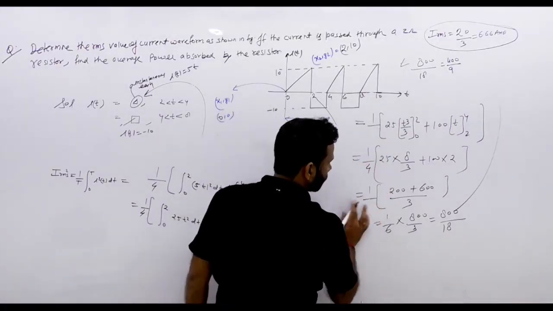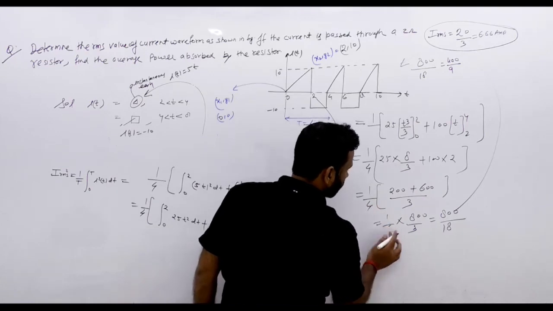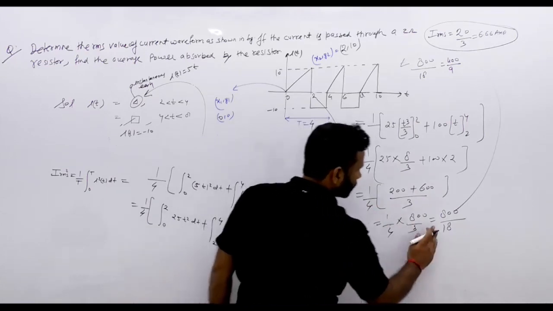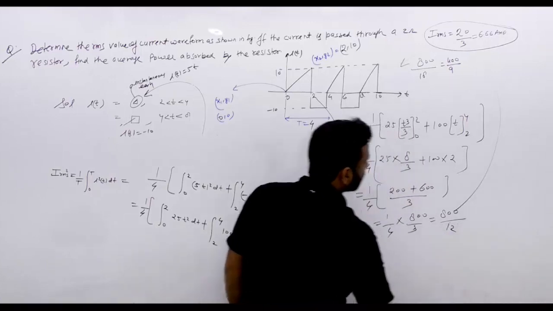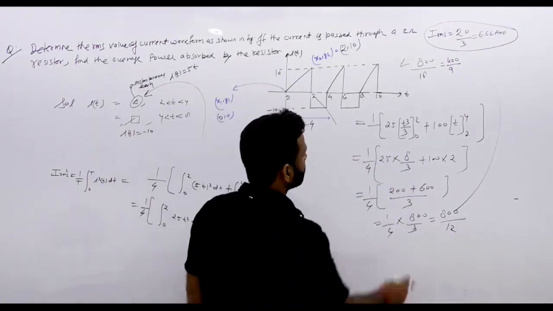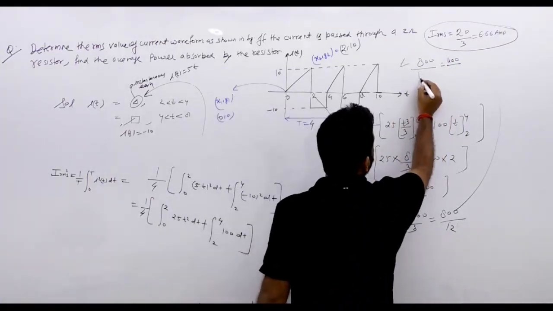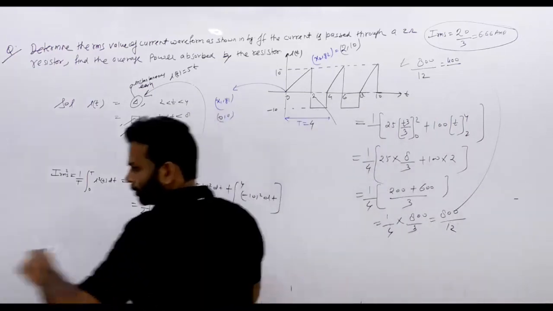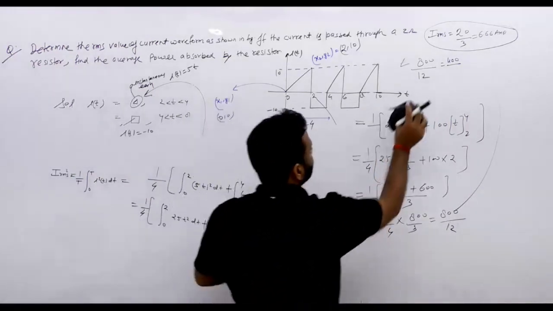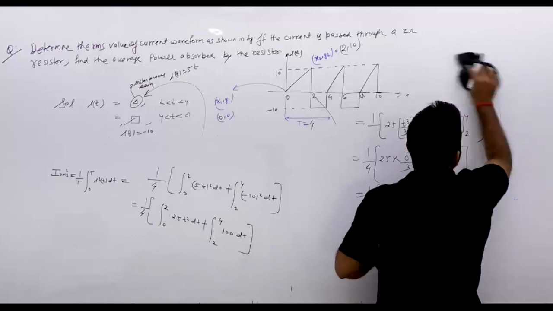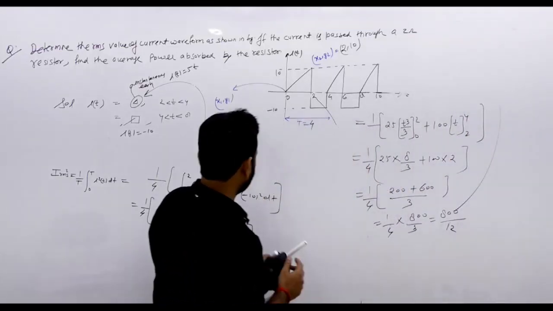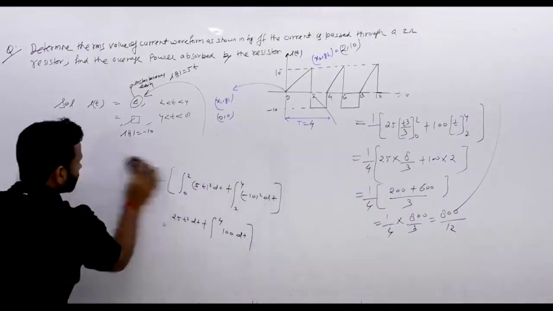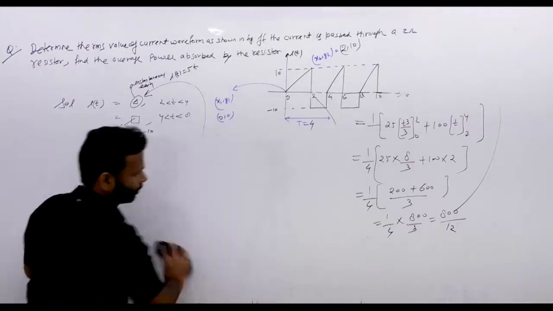So we have 4 here, so 4 times 3 is 12. Let's erase all the things here now.